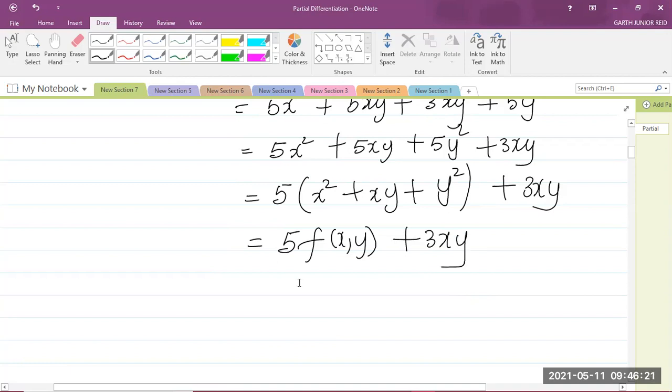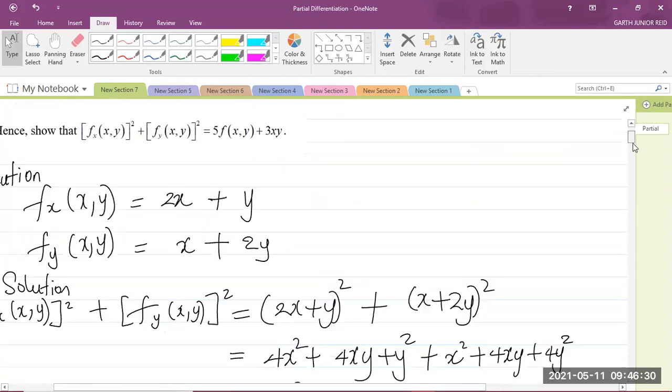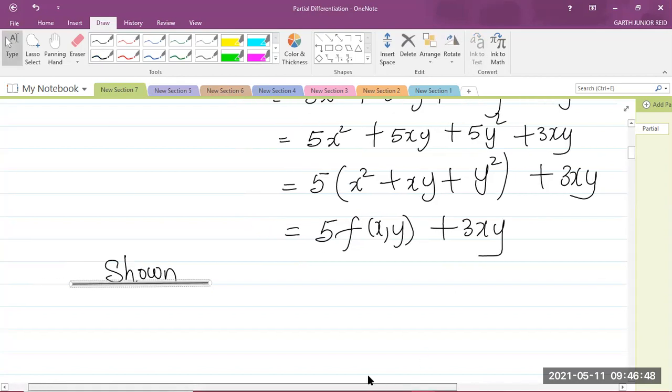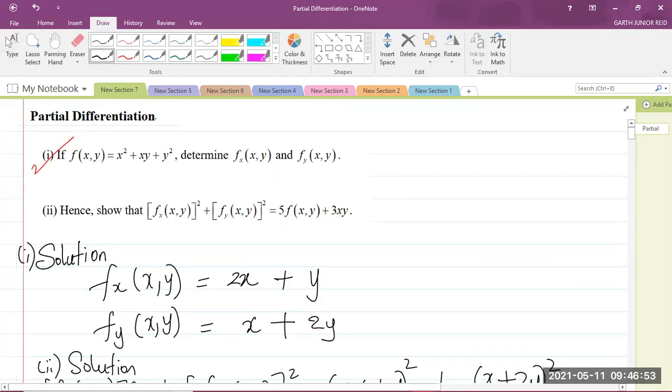They asked us to show that the left-hand side is equal to 5 times the function f of xy plus 3xy, and that is what we have here. We have shown what they have asked us to. So I will now write shown, and we are now finished. We have successfully answered part 2 of the question.